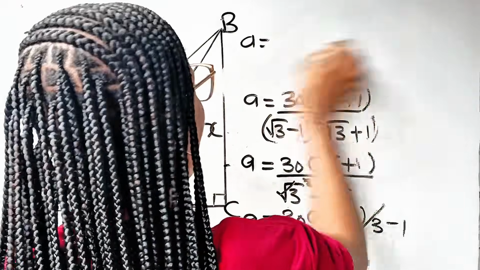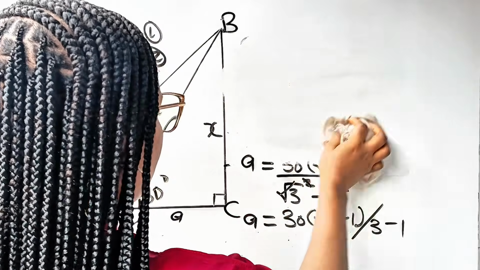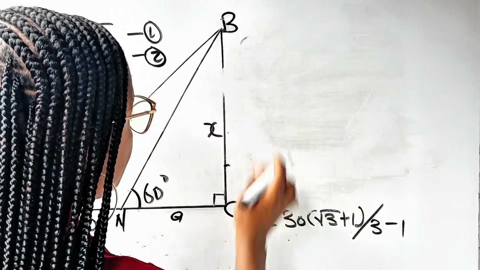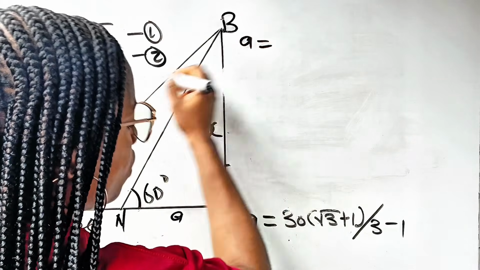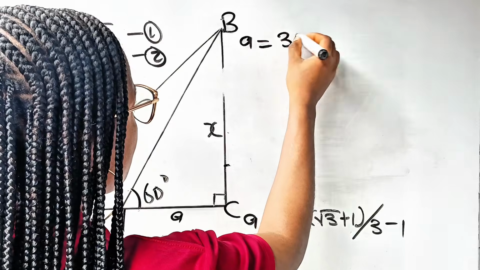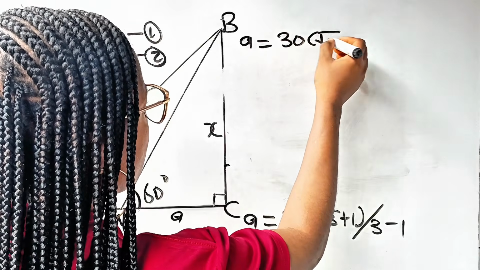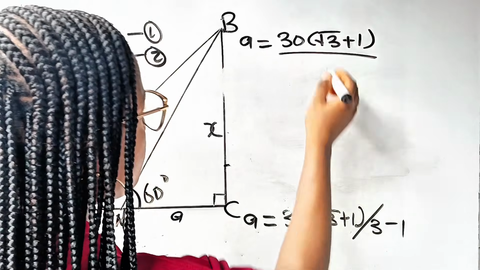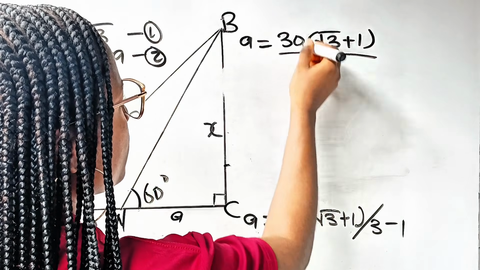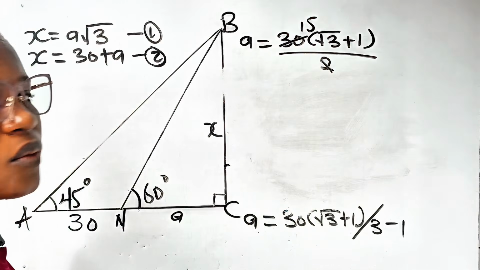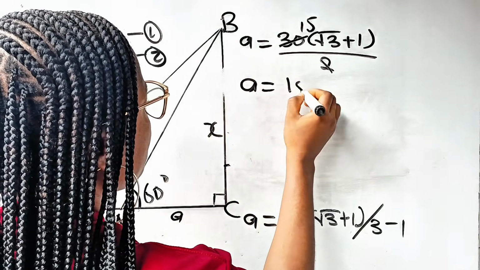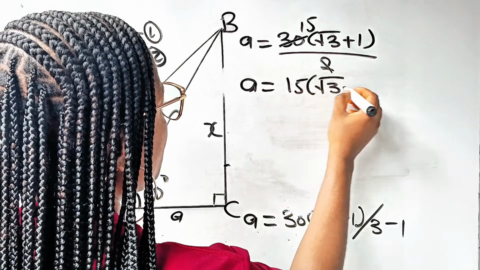So we end up with A is equal to 30 brackets root 3 plus 1 divided by 3 minus 1, which is 2. Now we divide 30 by 2 to give us 15. That means our A is 15 brackets root 3 plus 1.